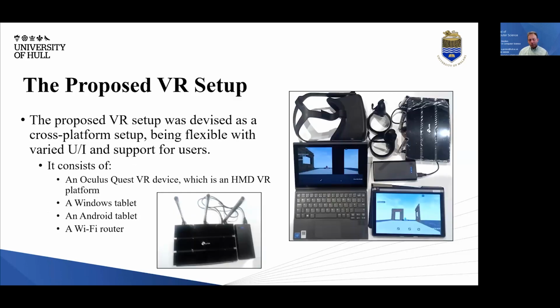So in last year's paper, in the proceedings from last year, you read about the design of the system and the implementation of it, but essentially what Francis put together was an interactive environment using VR. It was using standard kit, so it had an Oculus VR headset, and also a Windows tablet, an Android tablet, along with a Wi-Fi router to enable these devices to interact together.